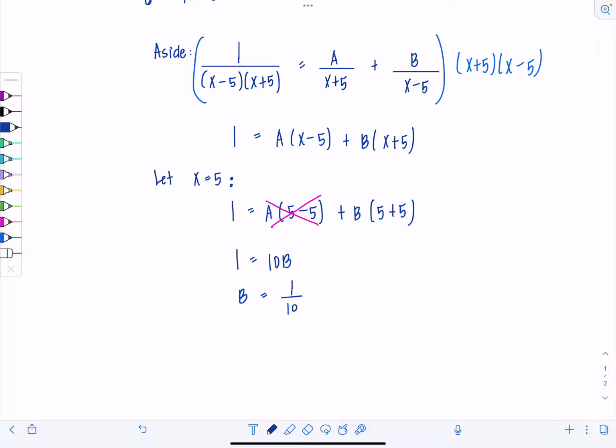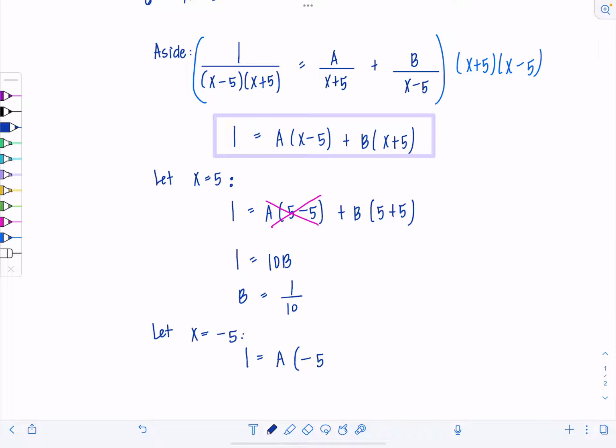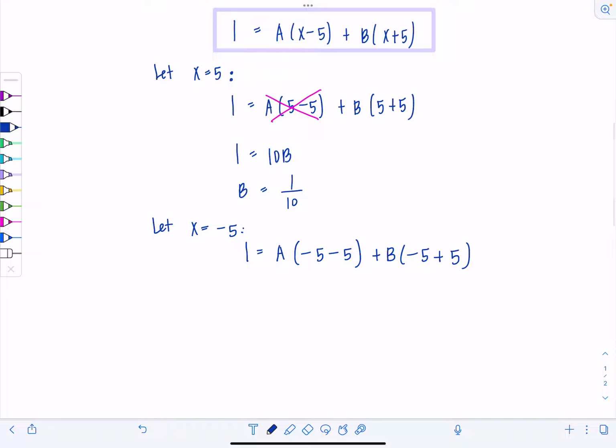Very nice. And then in order to solve for a, we can just go ahead and let x equal negative 5. Remember, you try to zero out those factors. So if x is equal to negative 5, then we have 1 equals a times negative 5 minus 5 plus b times negative 5 plus 5. That's going to give me negative 10 times a. This is just 0. So now we know that a is equal to negative 1/10.